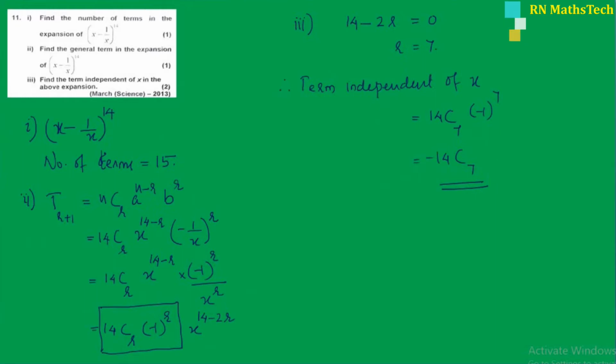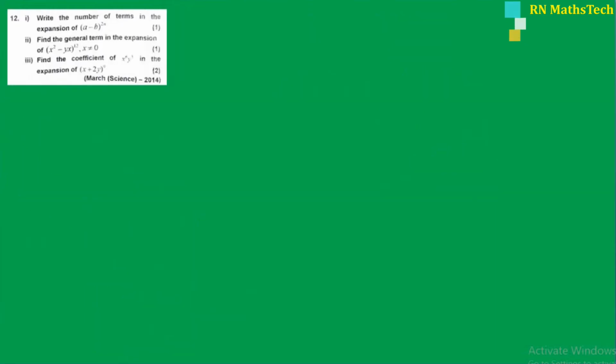Okay, now the 12th one. First part: number of terms is equal to 2n plus 1. Find the general term in the expansion.